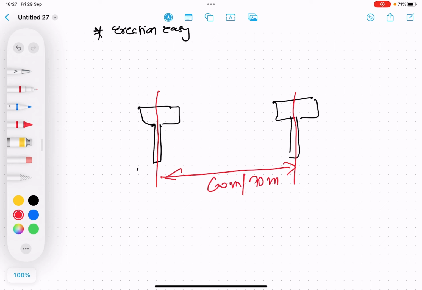If we want to construct a bridge, we can either go with RCC. If we go with RCC, then we have to cast an element of 60 meter or 70 meter length. That much length of element we have to cast.